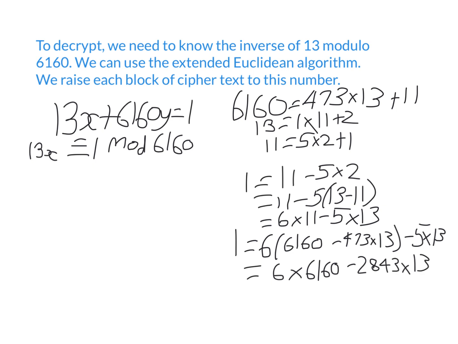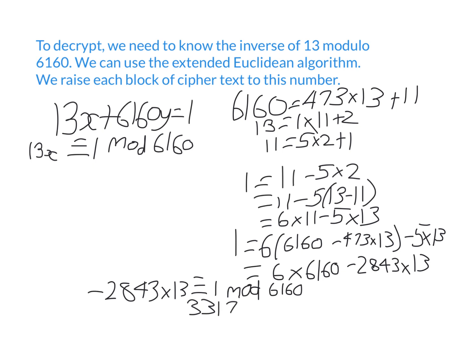So negative 2843 times 13 is equivalent to 1 mod d, where d is 6160. I can easily turn this into a positive solution by adding 6160 to negative 2843, because they will be equivalent mod 6160. So negative 2843 plus 6160 is 3317.